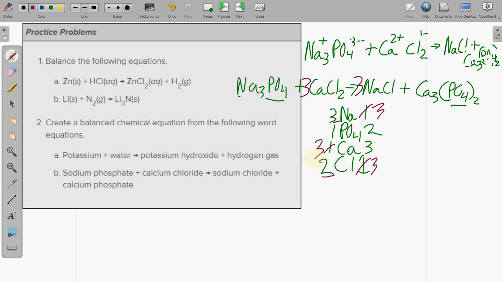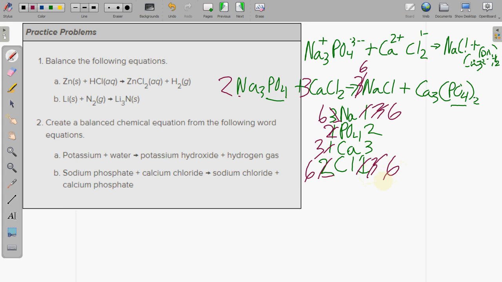And then chlorines would be 6. And then also 2 phosphates over here. So that gives me 6 sodiums and 2 phosphates. Right? And so I'm going to change this to a 6. 6 chlorines, and it's balanced.